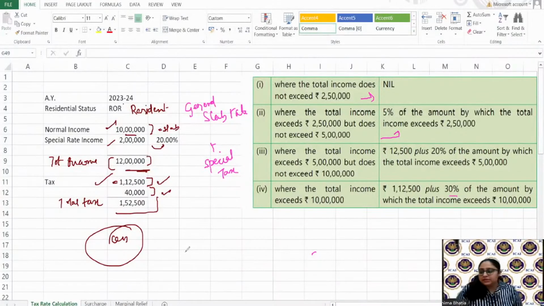Now we'll see its calculation. Whatever tax comes, it would be increased by an amount called health and education cess.